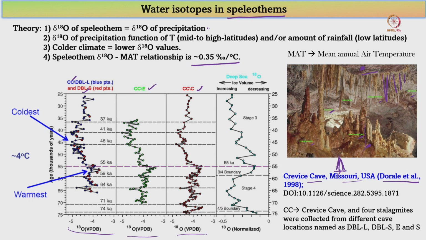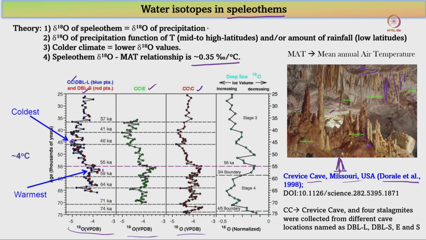And you can see the kind of variations it has, it is almost like a zigzag pattern. So, it has been very useful, and it has shown some very useful changes: during the cold periods we have much more negative values, and in the warm periods we have much more positive values.